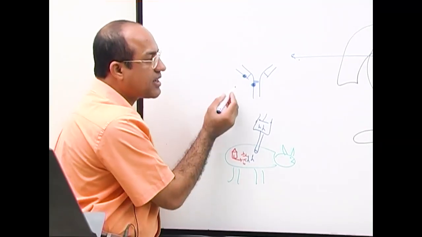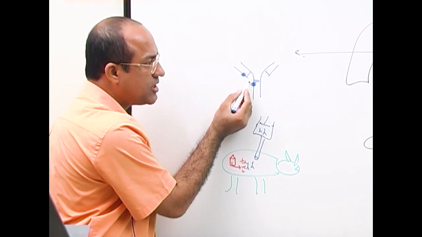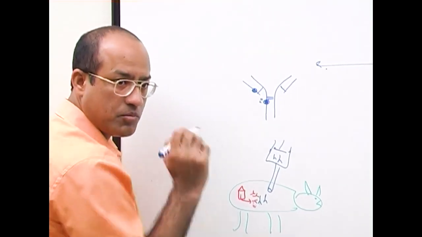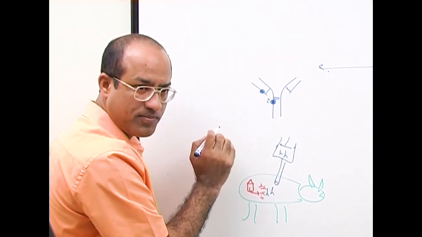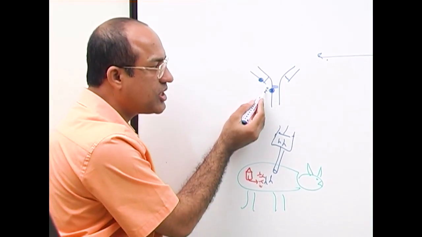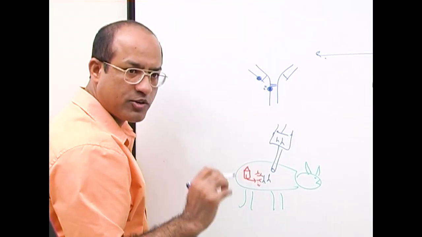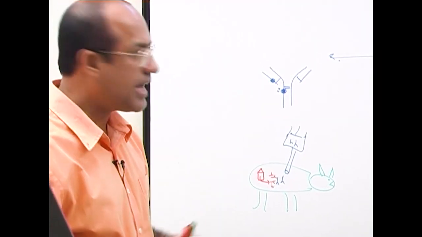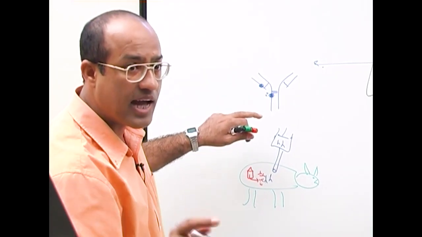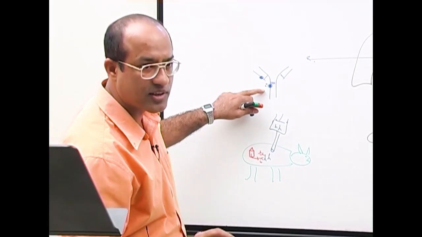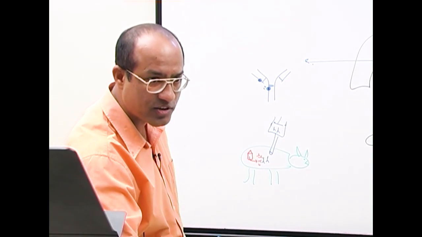For example, in my case, in all my antibodies, suppose here is histidine and here is leucine. Maybe in your case, at this point, there is histidine and threonine. So all my antibodies have histidine and leucine, and all your antibodies have, suppose, histidine and threonine. So it means all my antibodies have the same antigenic determinant here, and all your antibodies have a different antigenic determinant here. But for your antibodies, all of them will have the same antigenic determinant.